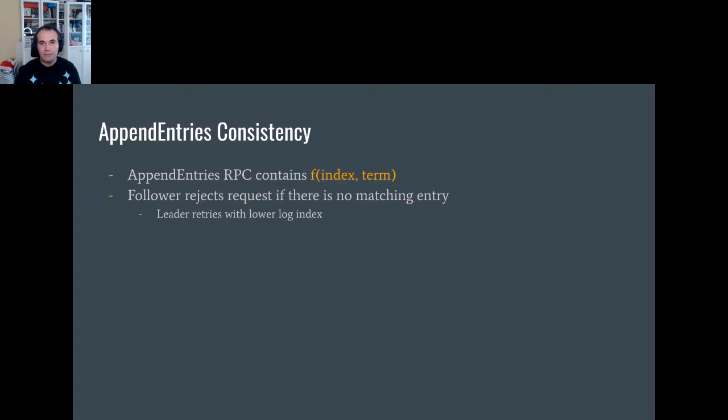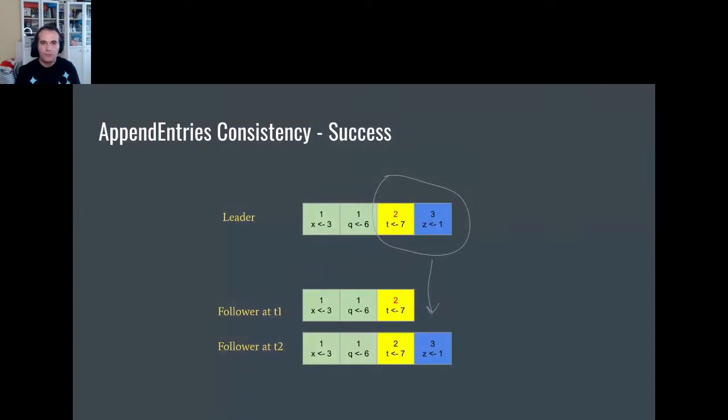For a new member, you can think that the leader will try to send all the data to the new member. But for an existing member, and if they crashed, then it will try to find a possible index here. So let's see a couple of diagrams. In this happy path, the leader has its own log entries, and there is a follower at time t.